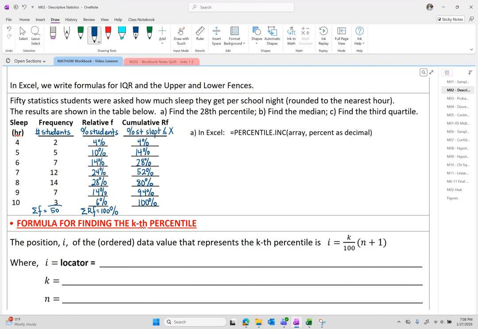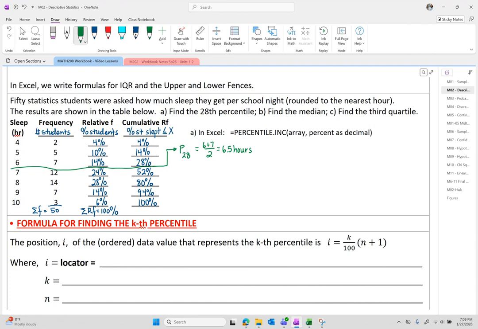So P28, which is a data value that corresponds to the 28th percentile, will be some number between 6 and 7. So I find that by averaging the two. So that will be 6.5 hours of sleep.